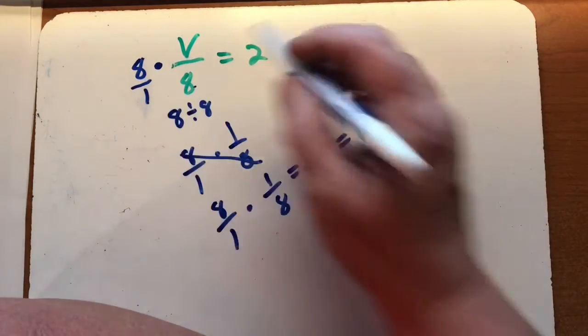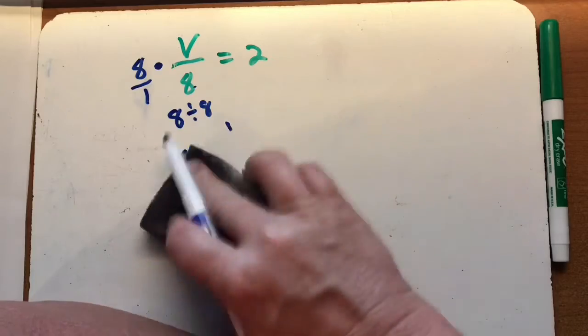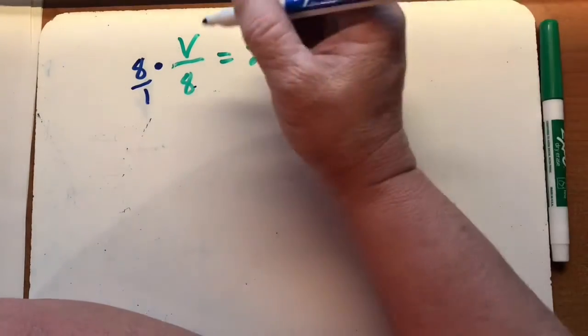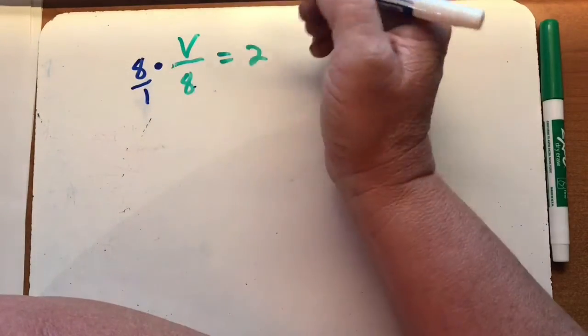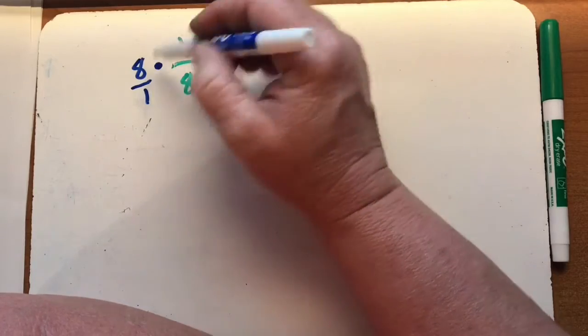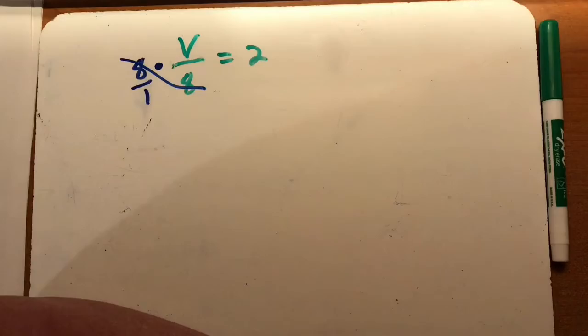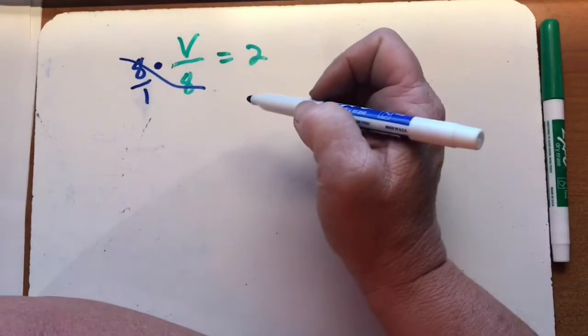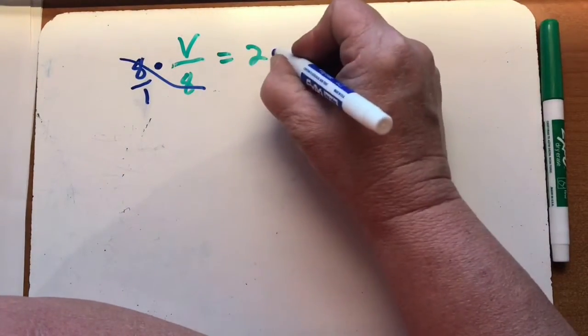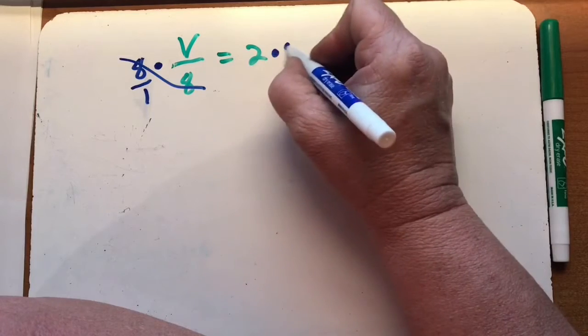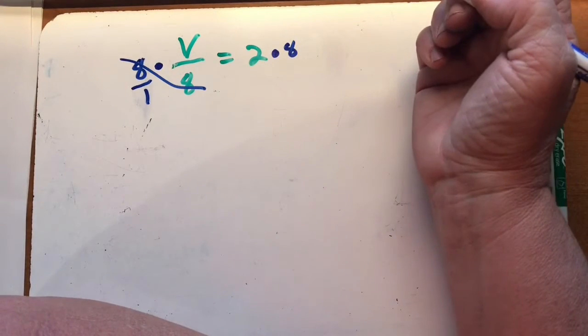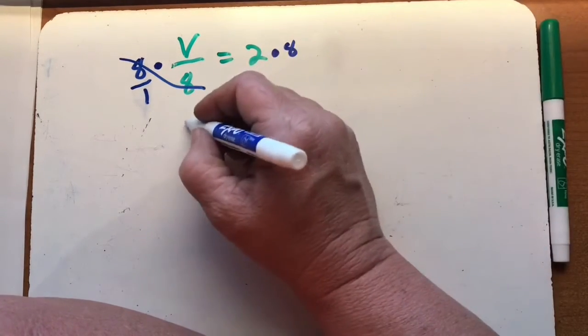So that's essentially what I'm showing with that. I probably will forget sometimes to put it over 1, but that's what's going on, and these cancel out. On this side, I don't have to show the fraction. I can just show the 8. I hope I didn't confuse you on that one.